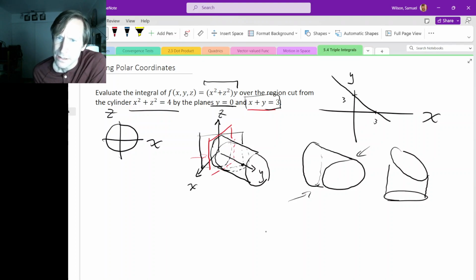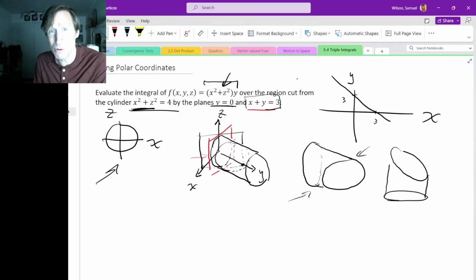But if you think about it, because we have x squared plus z squared, and because we have this circle, if it weren't for the fact that we were dealing with a triple integral, this would be a clear case for using polar coordinates.